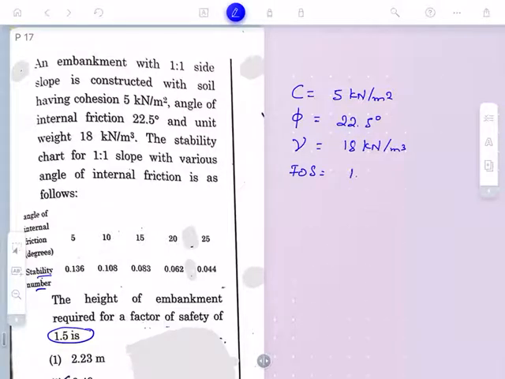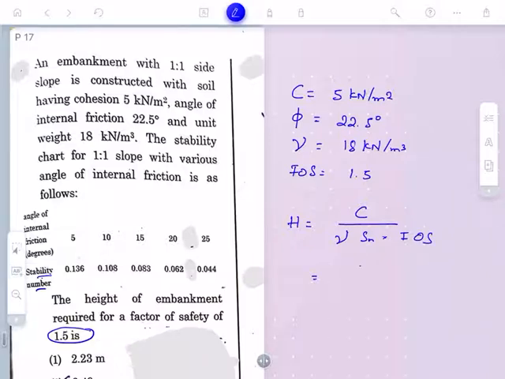The factor of safety will be equal to 1.5. So now what I need to make in order to find this value, see, the formula is very simple, where H will be equal to cohesion C divided by gamma into stability number into factor of safety.